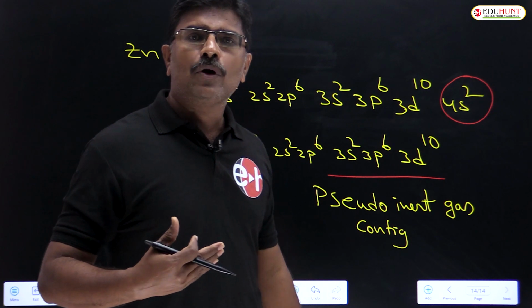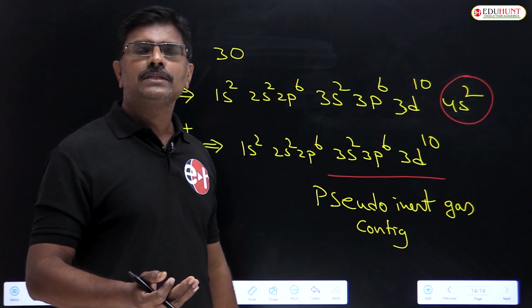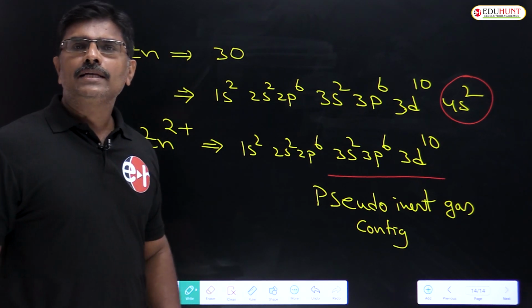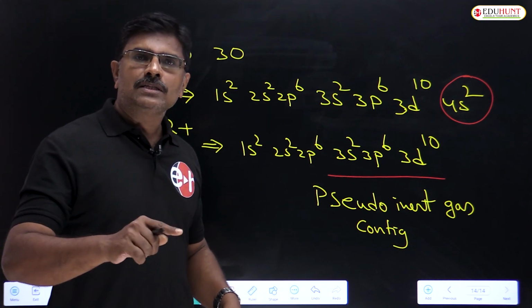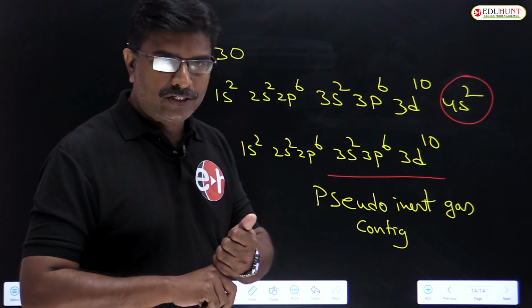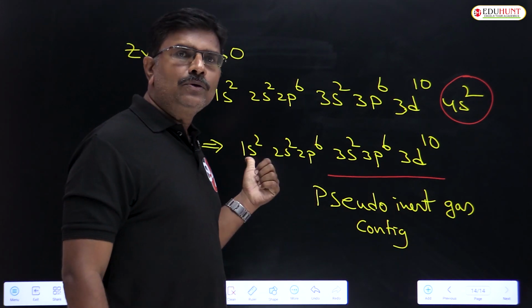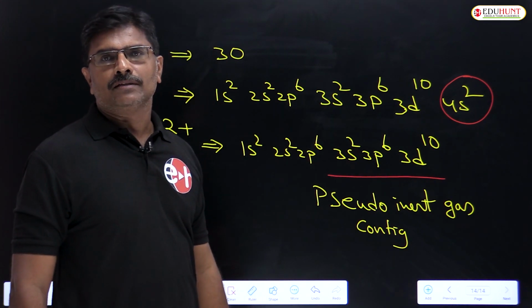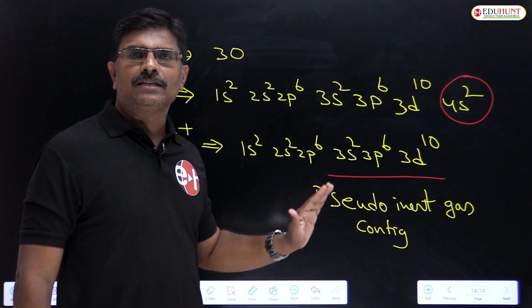The Ca2+ is formed more easily than the Zn2+ ion. Why? Because the Ca2+ formation involves the inert gas valency configuration, whereas Zn2+ ion formation involves the pseudo inert gas configuration, which is relatively less stable.